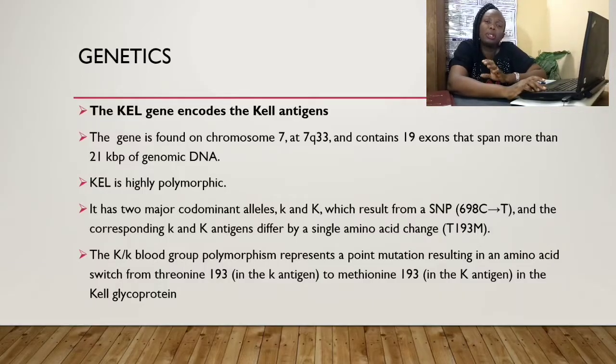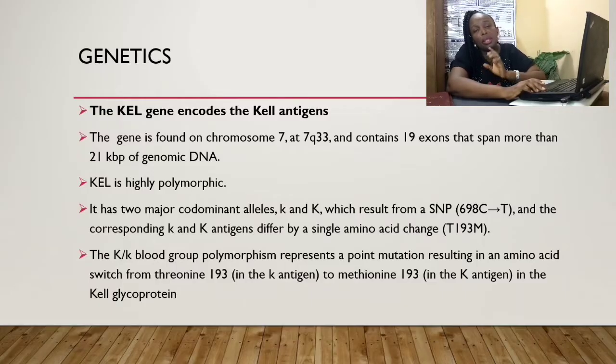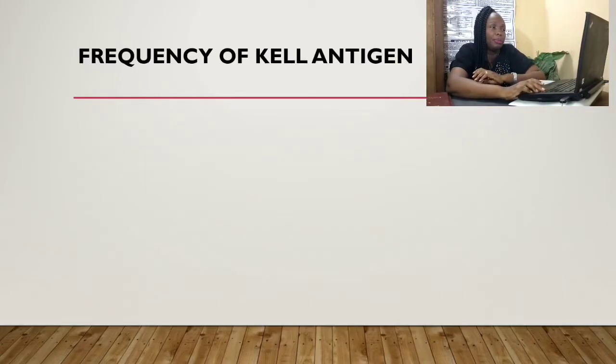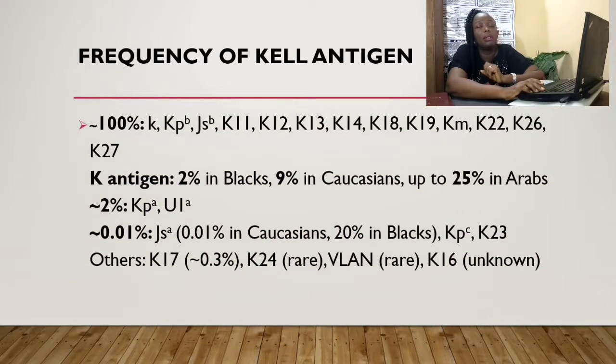The gene is located on chromosome 7, and the gene that codes for production of Kell antigens is called the Kell gene.